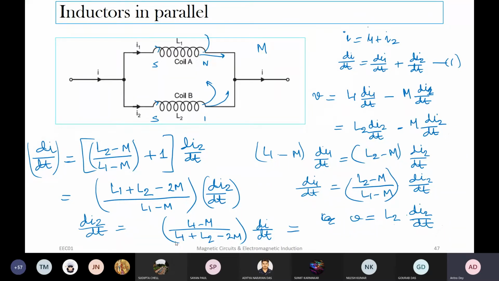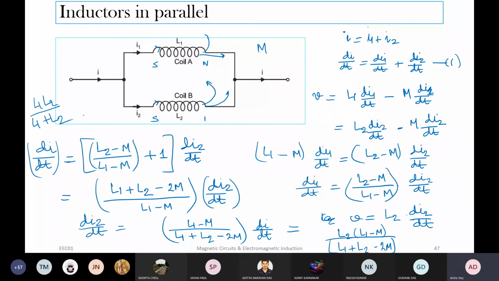It is actually L1 L2 minus M squared divided by L1 plus L2 minus 2M. So this is your overall expression. Whenever M becomes 0, whenever there is no mutual inductance present, it is simply L1 L2 divided by L1 plus L2, just like the parallel combination of two resistors.